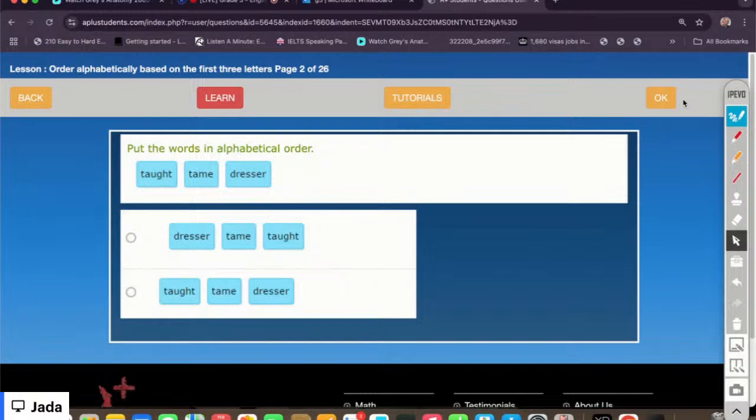So we have tot, tame, and dresser. Tot, tame, dresser. Which one comes first?